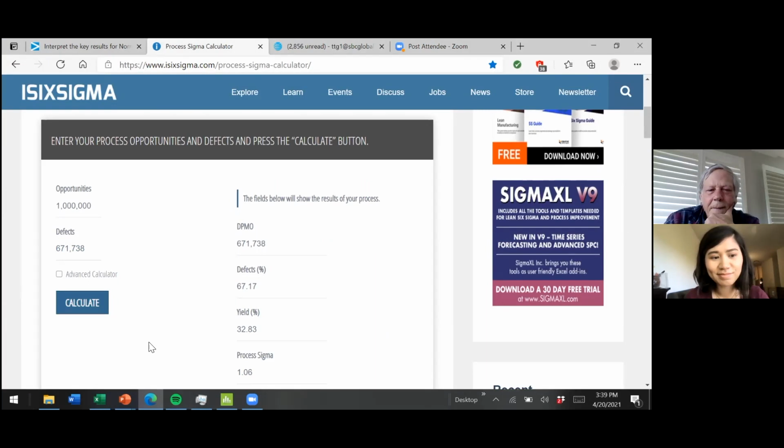Your defect rate is 67%. I'm a 1.06 sigma. I'm in the red zone. I'm horrible. I need to be improved. I'm stable, but I'm really not capable. You need to be capable.